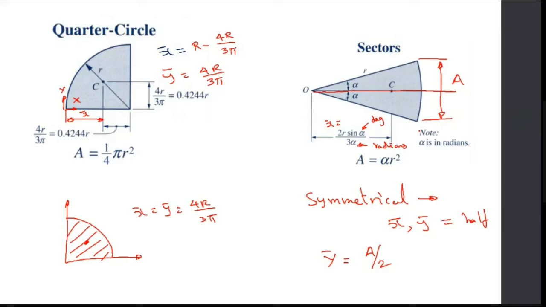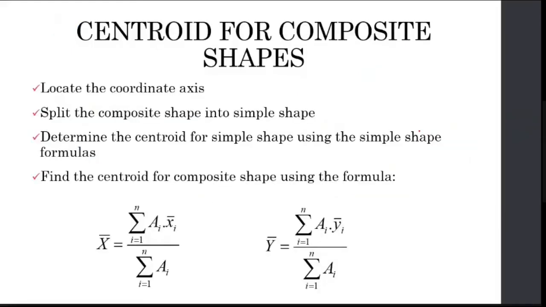Now we will proceed with composite shapes. Let us consider how to identify the centroid of a composite shape. First, locate the coordinate axis, which means fixing your origin, your 0, 0, for the entire shape.